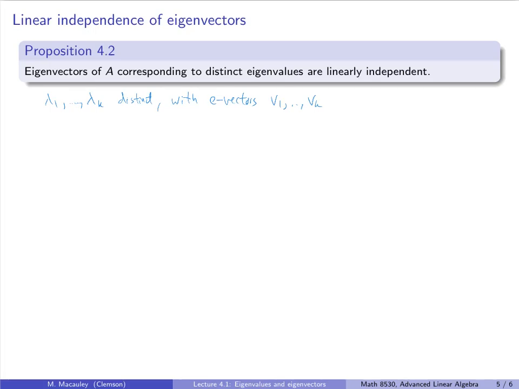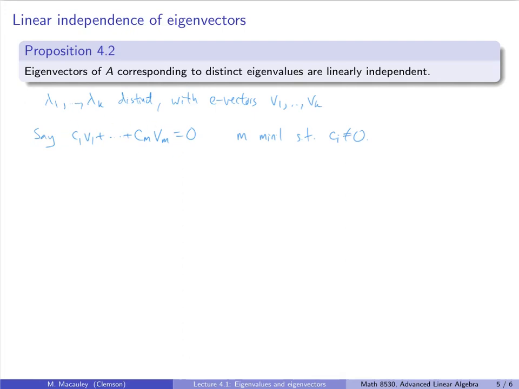So let's suppose that this is false. Let's suppose that we have a linear combination of eigenvectors which is 0. So let's say that c1 v1 plus up to cm vm is equal to 0, and let's assume that m is minimal with respect to the fact that all ci's are non-zero, because we know that at least two of these are going to be non-zero.